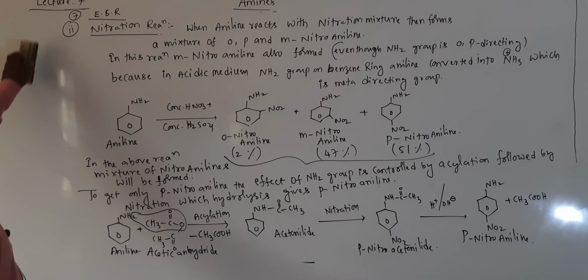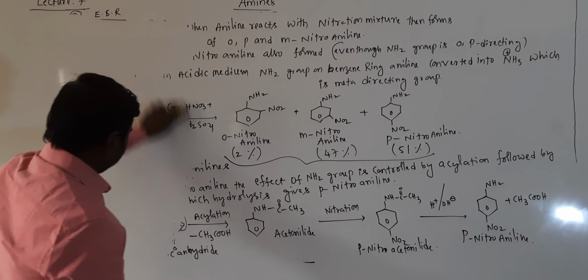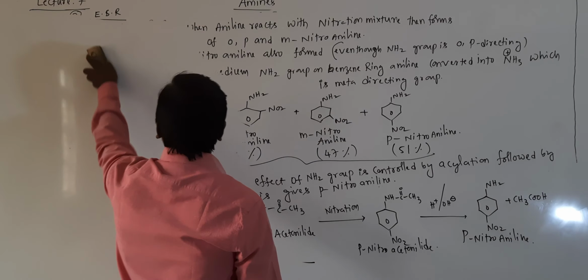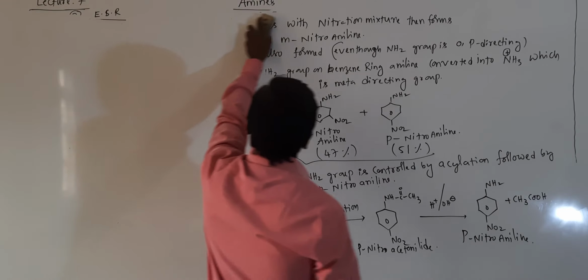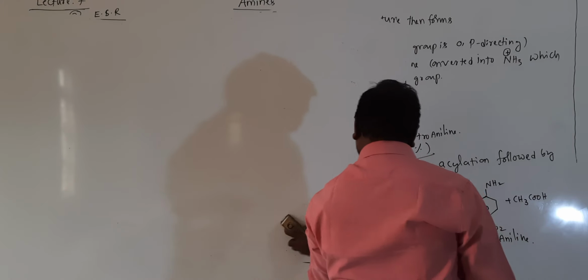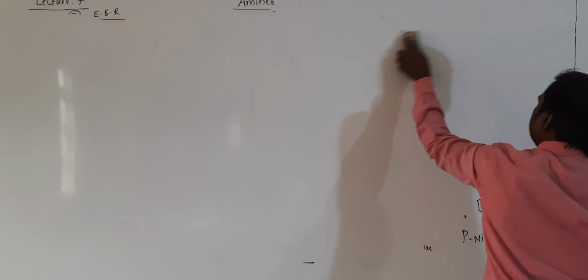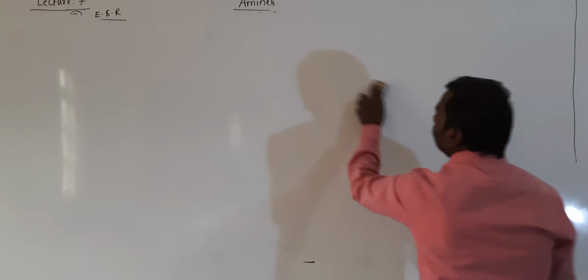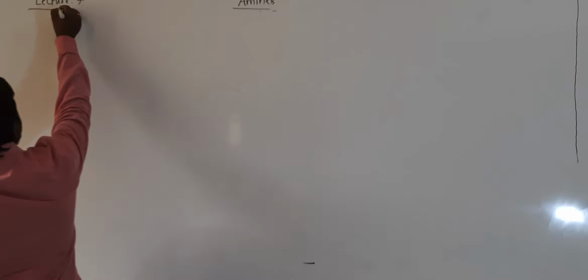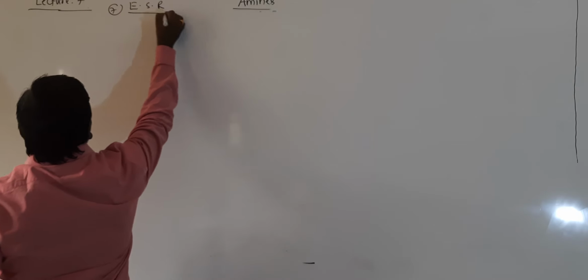After that, third one is sulfonation. Sulfonation reaction. So we are studying the seventh chemical property, electrophilic substitution reactions.